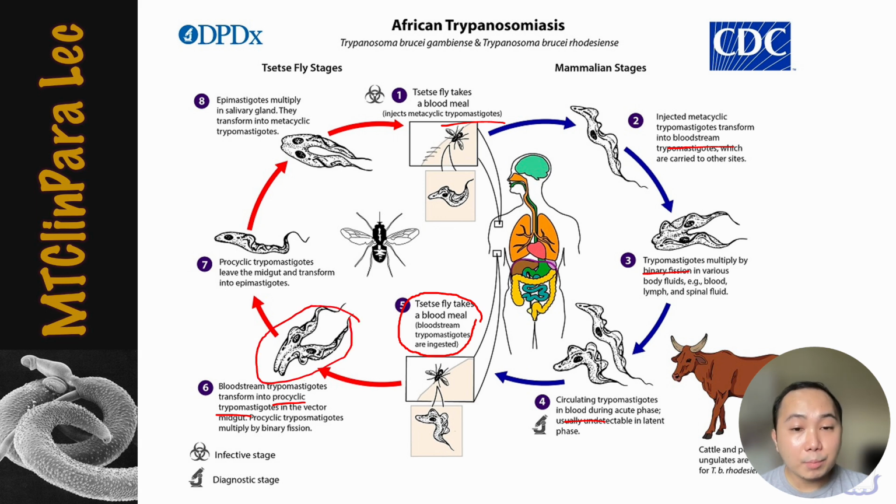Now, this procyclic trypomastigote will transform into epimastigote and travel to the salivary gland of the tsetse fly. Now, this epimastigote will transform into metacyclic trypomastigote to become infective again during a blood meal, okay? Once the particular tsetse fly takes a blood meal again in a susceptible person.